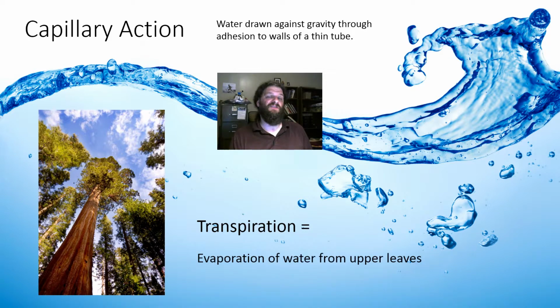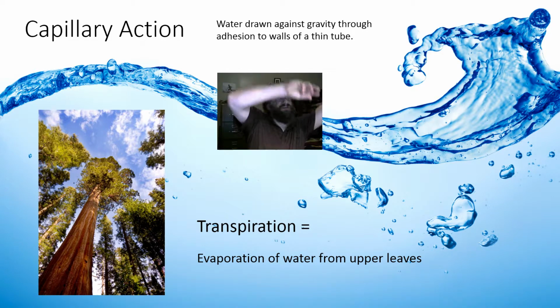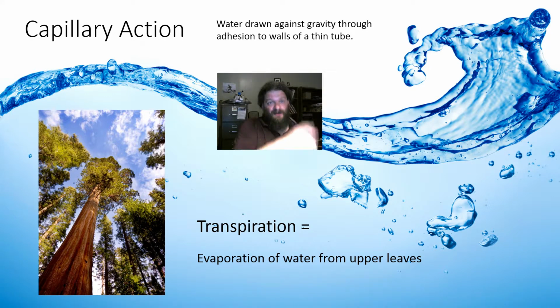But transpiration is the evaporation of water from the upper leaves. As the water evaporates, that allows the water behind it to move into that space, which allows the water behind that to move into that space, and all the way up the tree it goes. Like I said, we're going to talk about transpiration later on in much more detail.